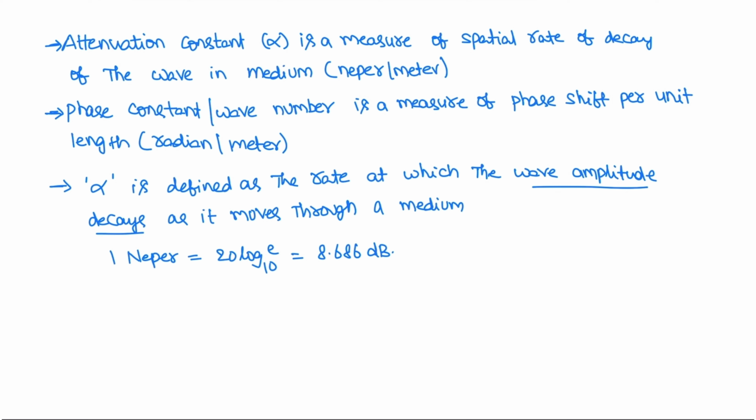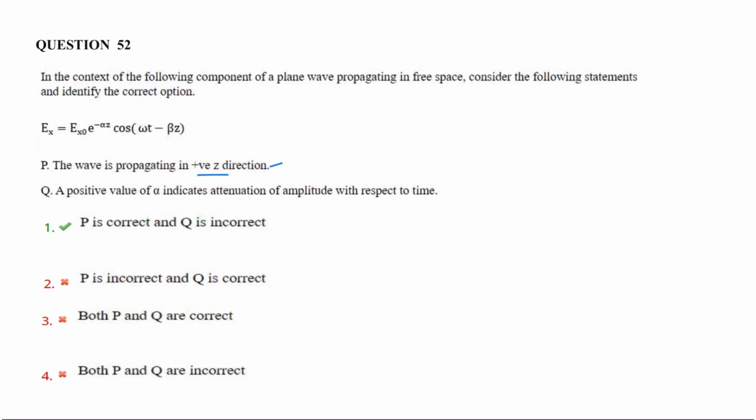And the phase constant or wave number is a measure of phase shift per unit length. So the unit for phase constant is radian per meter. The positive value of alpha indicates attenuation of amplitude. The amplitude of the wave varies as a result of attenuation, and this variation is exponential. So the attenuation of a wave depends on E naught e power minus alpha z.